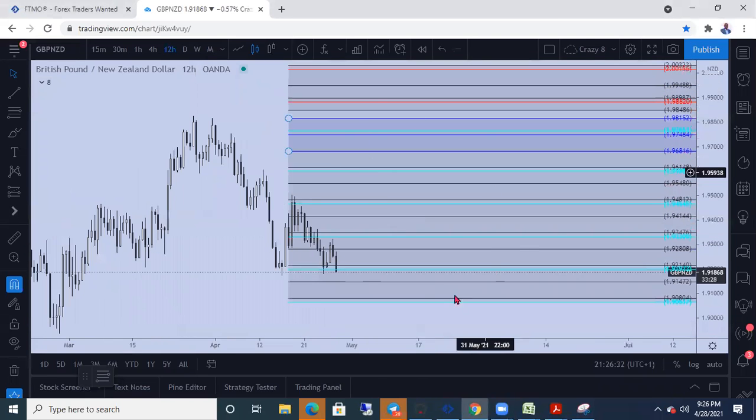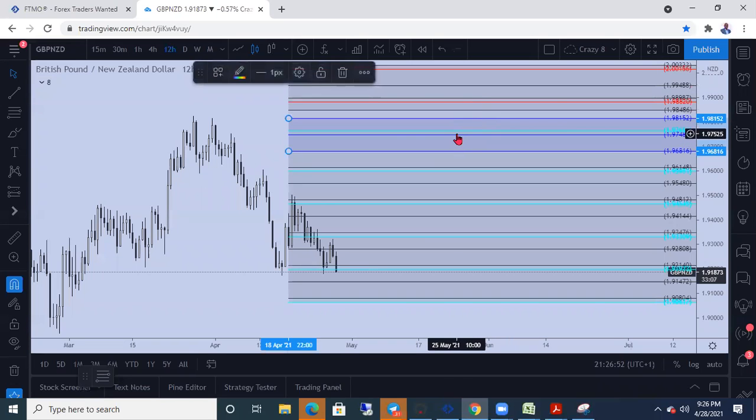Now, the whole fib setting put together is called our AQZ roadmap. So we have our roadmap, we have our entry, we know when to get out of our trades, we know when we anticipate that a stop hunt will be made, and we know how to take the trade. So that's the basic AQZ fibs.